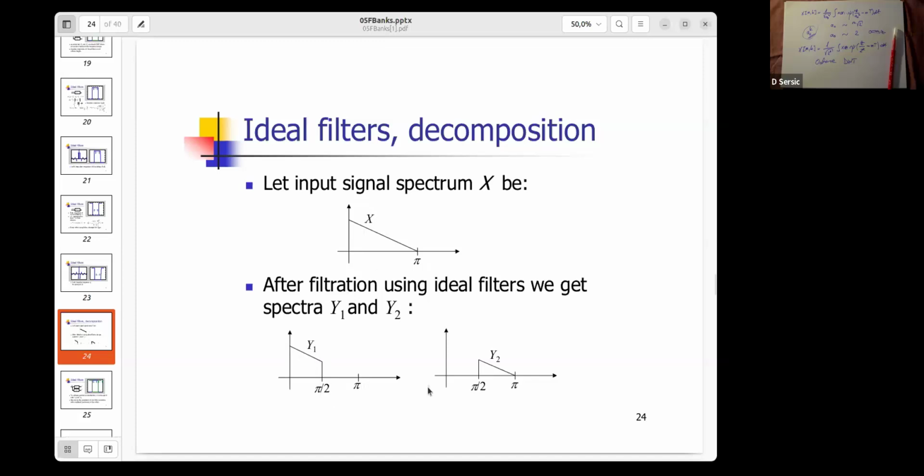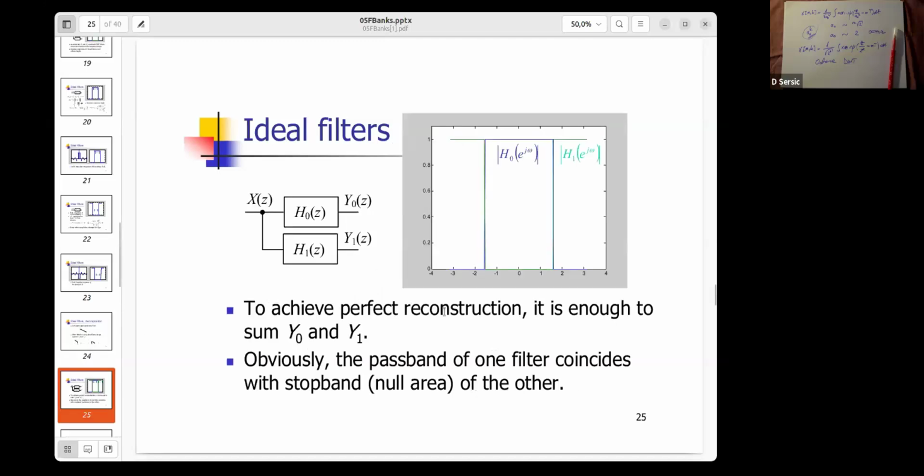And the ideal high-pass filter cuts out the high-frequency part from pi half to pi. So this is how it looks like. And if we just apply such a filter bank that consists of two ideal filters, it would be enough to sum the results. So the reconstruction side could be only a piece of wire, filters that do nothing, and you just collect the results together. You just add them up and get the original signal.